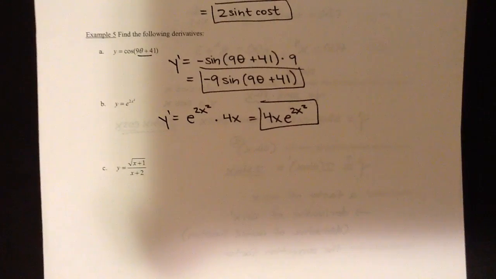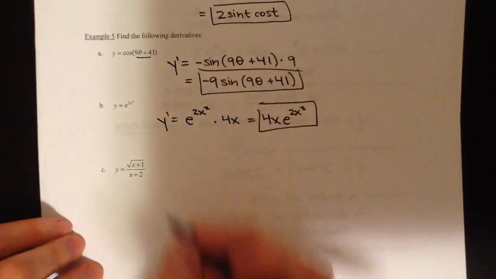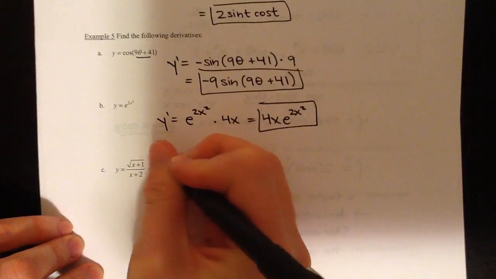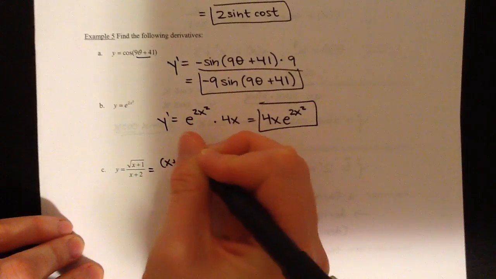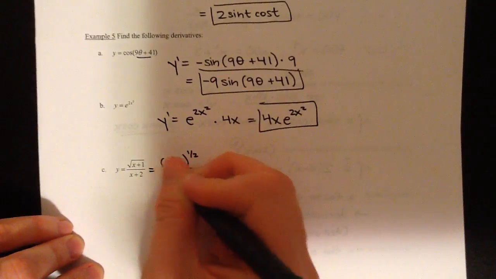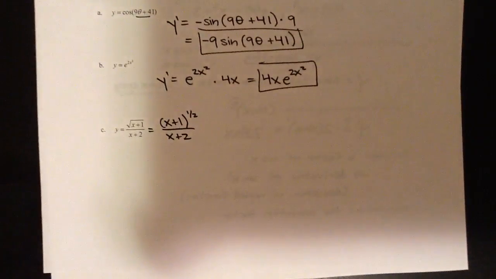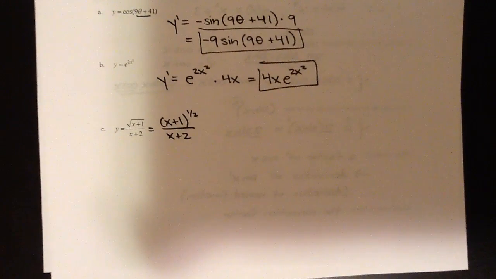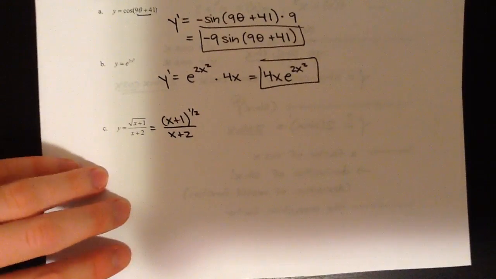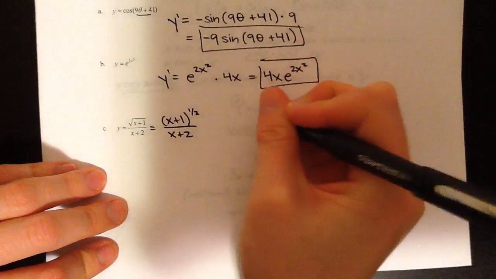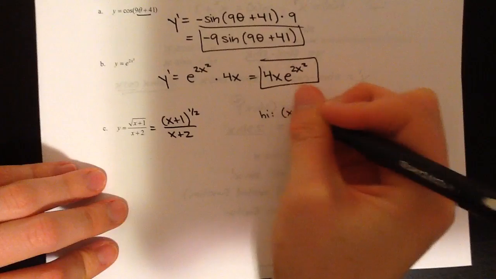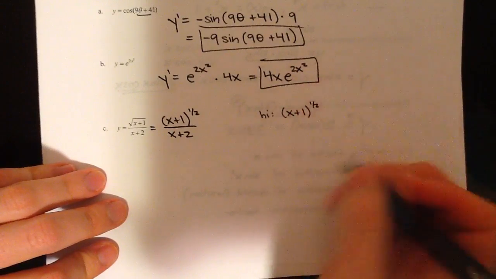Okay, next one. This one's going to be nice. Underneath the square root, this is x plus 1 to the 1/2 power, and then over x plus 2. So we've got a quotient rule, and then inside the quotient rule, we have a chain rule. All right, so we're going to simplify this up. So let's do high is x plus 1 to the 1/2 power.